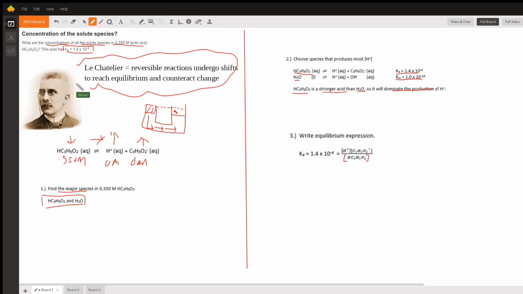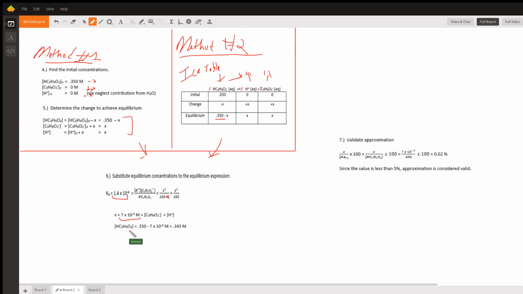Since the problem is asking us to find all the solute species, we have to find the final concentration of the lactic acid, which is going to be 0.43 molarity. To validate whether or not it was justified to take out the x, we can use this formula here, which is the change in the dissociation over the initial concentration of the acid.